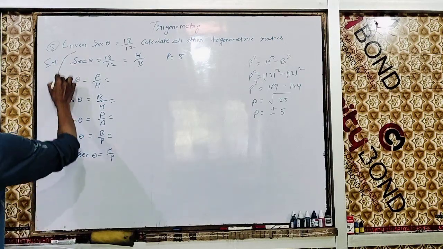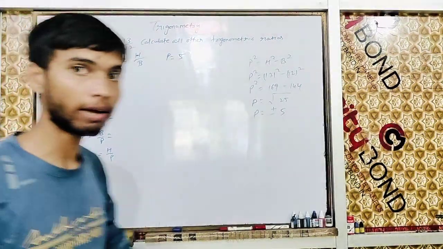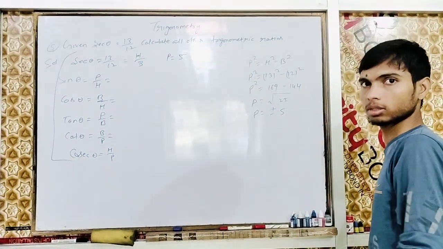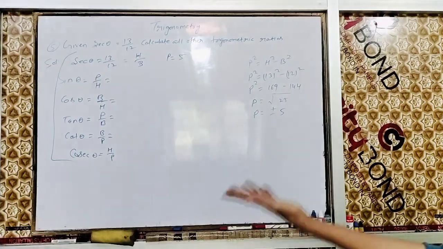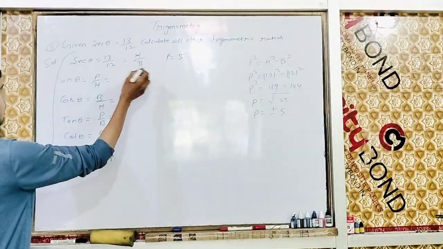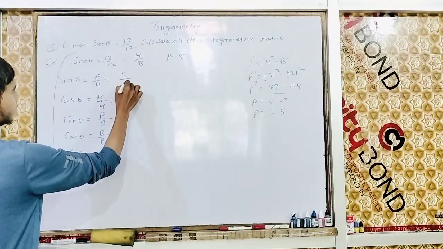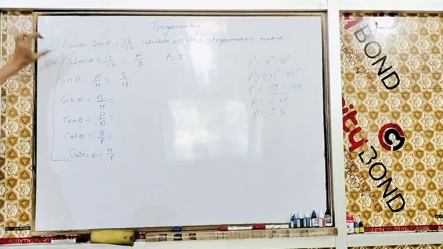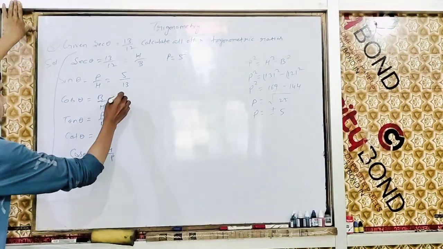Right now, from here till here, you have all 6 trigonometric ratios. And that is what the question was asking to calculate. So here p is 5, h is 13. This is the ratio of this trigonometric function.